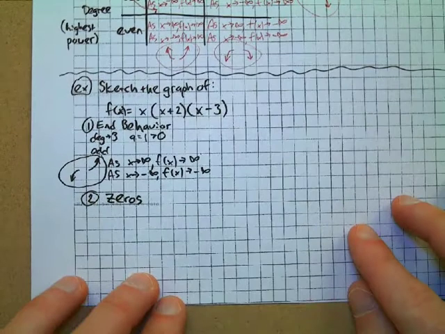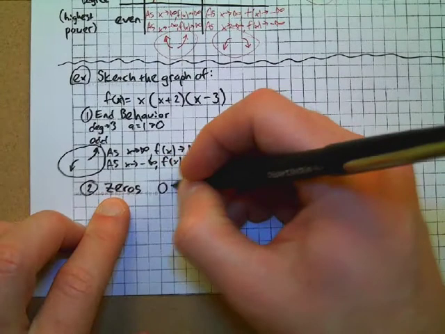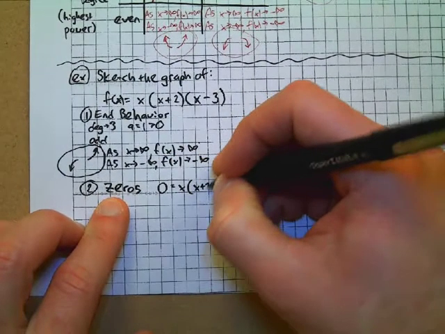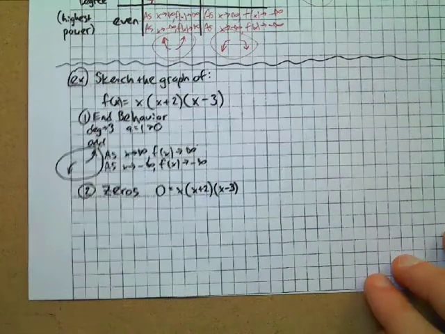Okay, so the zeros. To find the zeros, we're going to set our function equal to 0.